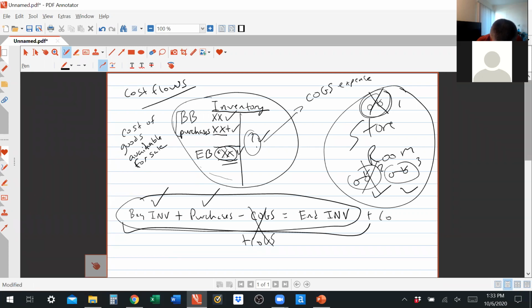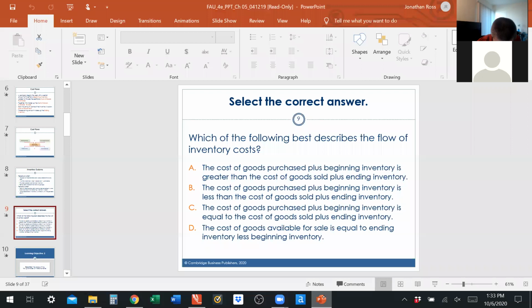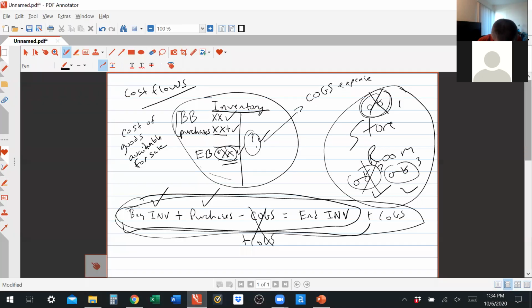And C is just describing this: beginning inventory plus purchases equals ending inventory plus COGS. That's true, yes. So C is right. And keep in mind that these two things added together, we gave them another name, right? Their sum is called cost of goods available for sale.